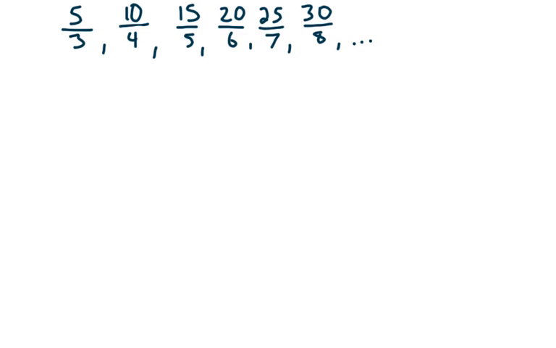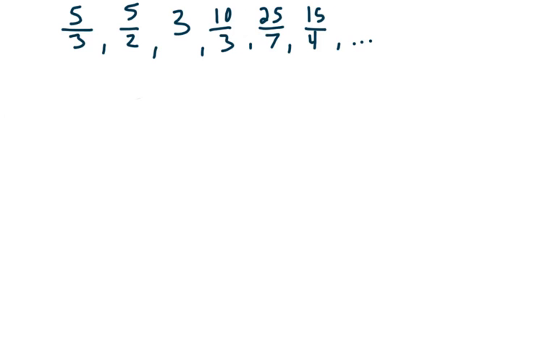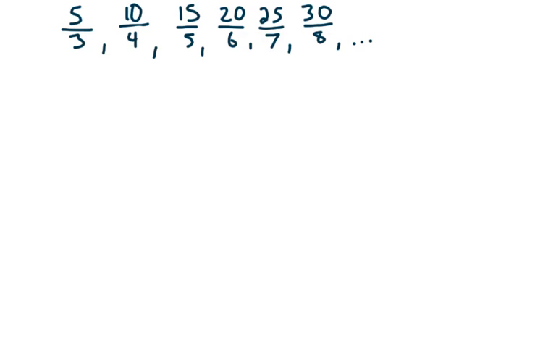If I'm given this equivalent sequence, the pattern becomes much easier to see. You'll notice that 10/4 is the same as 5/2, and 15 divided by 5 is the same as 3, and so on. But this sequence makes it easier to see the pattern.